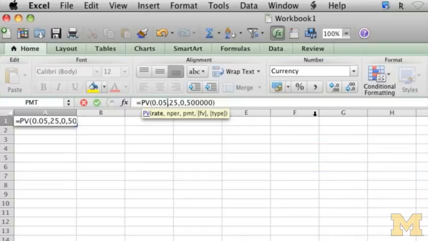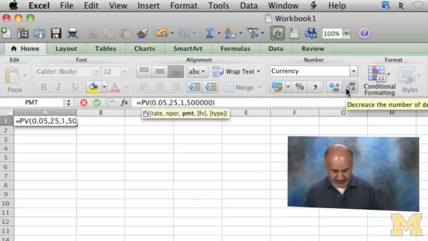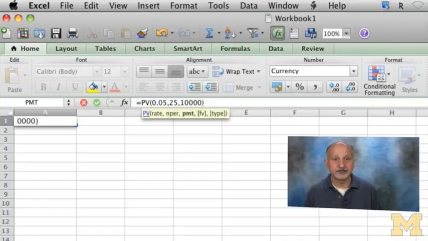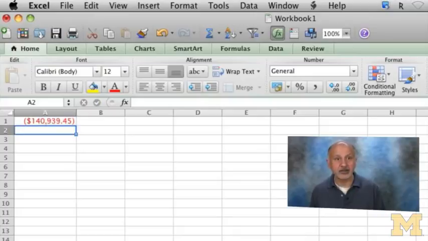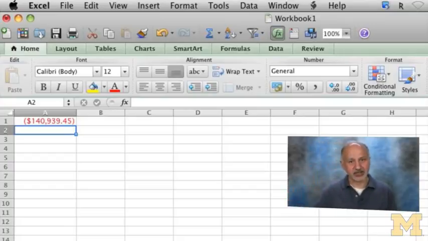We do have 25 years left, and so we are okay on that. What is the PMT? Well, I know my PMT. And I'm going to remove that last element because it's not needed. So let's say, so 140,939 and 45 cents. So what does that tell me? I better have $140,939 in the bank to satisfy the need of spending $10,000 in the future.